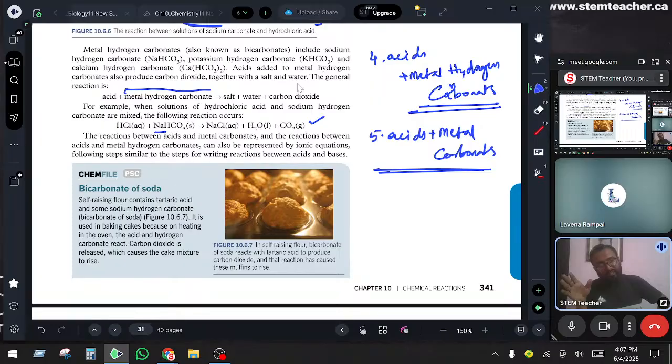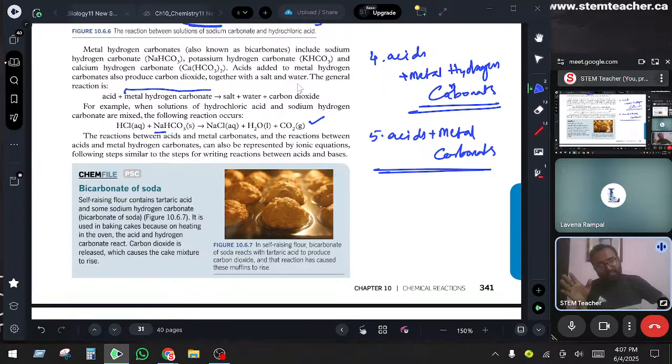Now, acids and metal carbonates form a salt, water and carbon dioxide. तीनों मिल रहा है. So here he has given nitric acid, HNO3. Nitric acid dissociates in solution, forming H plus and NO3 minus.